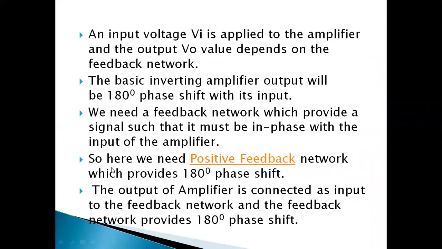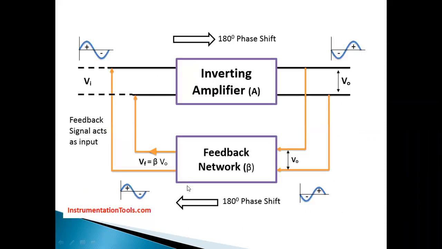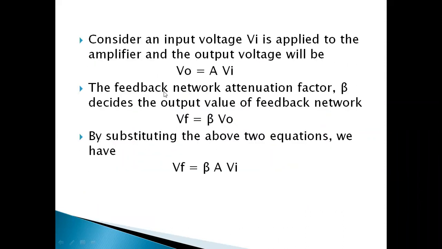And next, here we need positive feedback. That means our feedback network provides the remaining 180 degrees phase shift. Let us consider an input voltage Vi applied to the amplifier, and the output voltage will be V0 equals A into Vi.